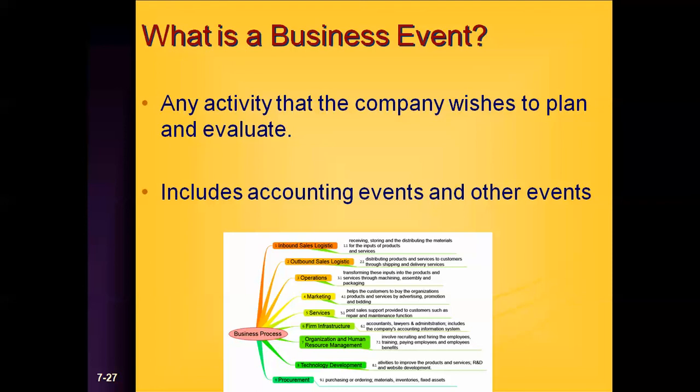A business event could be a planning event where, for instance, when we were doing the budgeting cycle in our coffee business, we were forecasting that we would plan to purchase a particular coffee maker. That is a planning event until we actually purchase it, and then it becomes an accounting event.